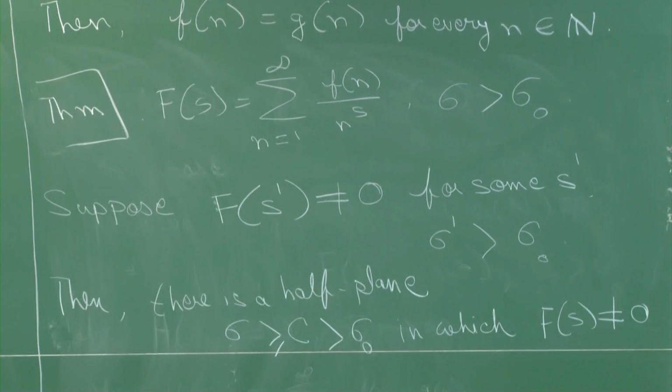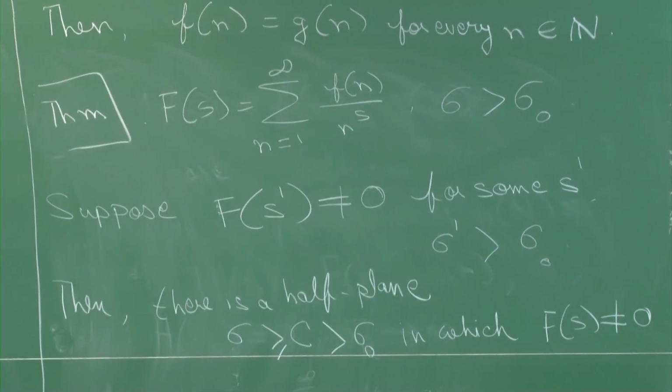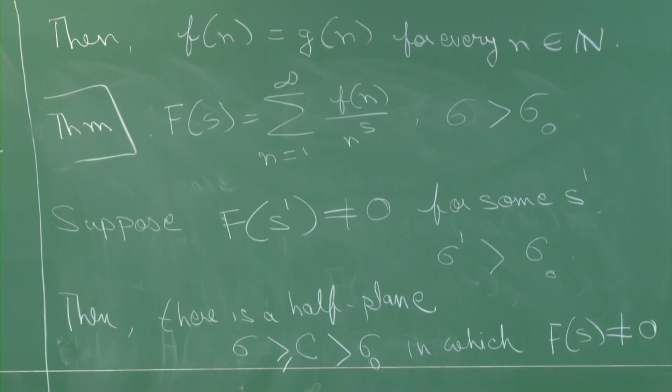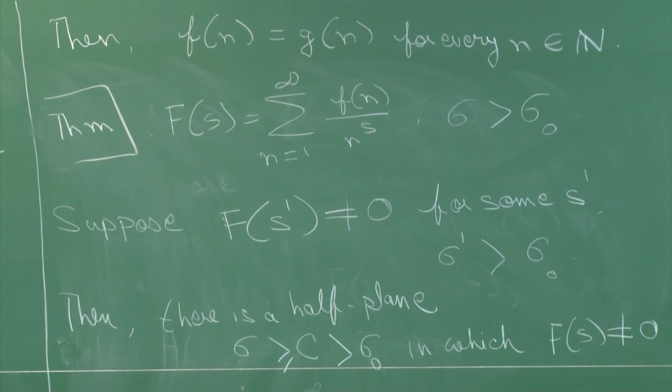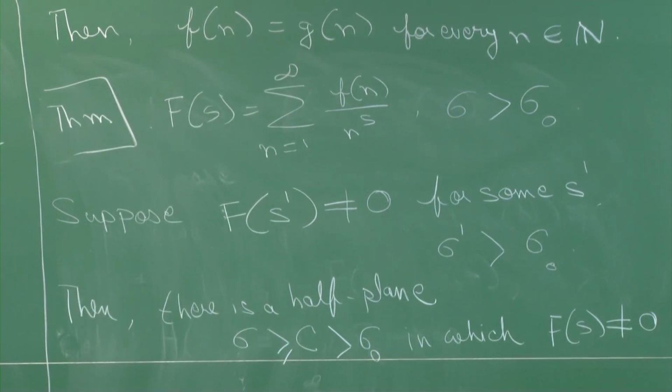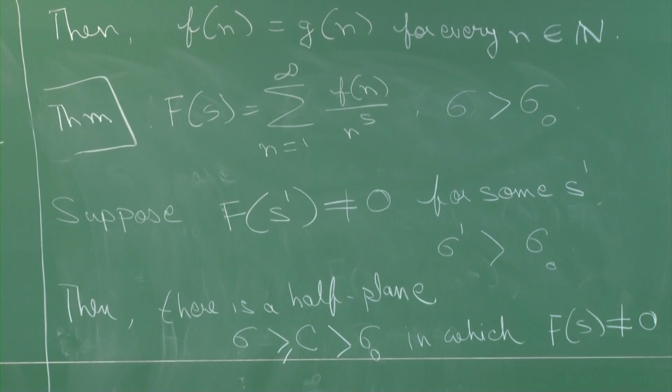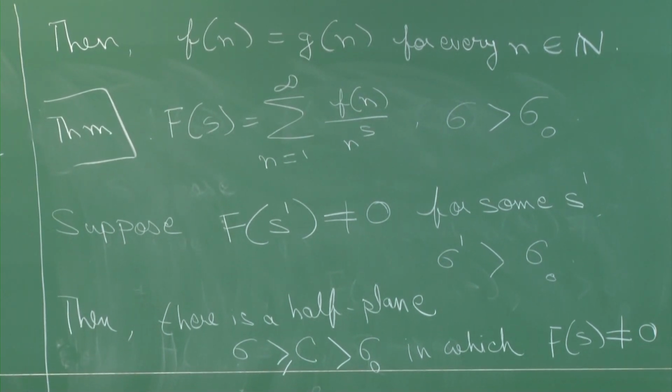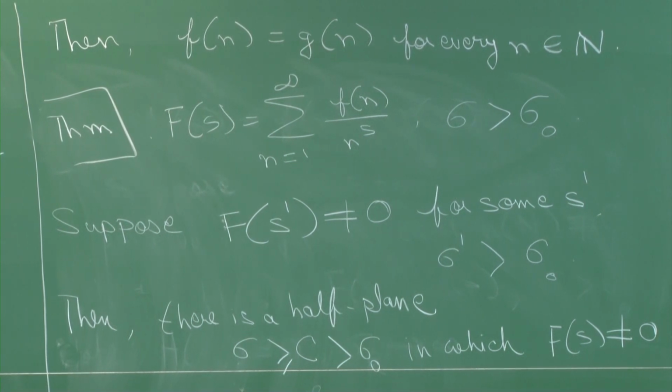Well, let us assume to the contrary. Suppose there is no half plane of non-vanishing. What that means is, whatever half plane you choose, to the right of that half plane you can find some complex number where this F of s vanishes. Now what you do is take a sequence of natural numbers k equal to 1, 2, 3 and so on.